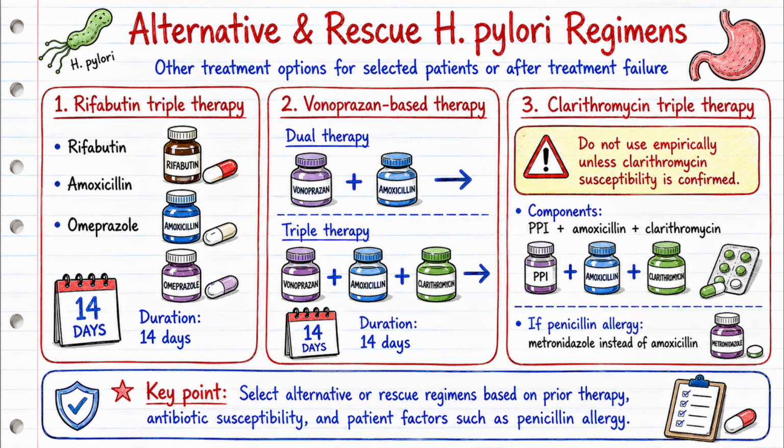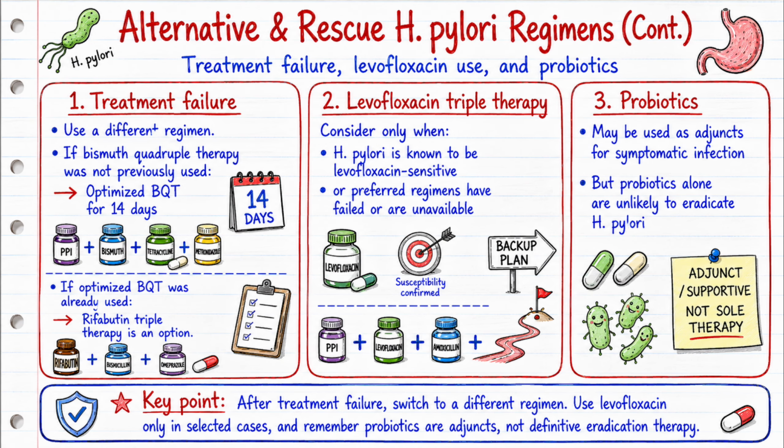Despite appropriate treatment, H. pylori eradication may sometimes fail. In this situation, the next regimen should generally use a different antibiotic combination and take previous treatment into account. If optimized bismuth quadruple therapy has not previously been used, it may be an important rescue option. If it has already been used appropriately, other regimens such as rifabutin-based therapy may be considered.